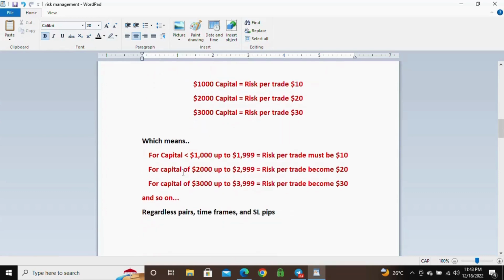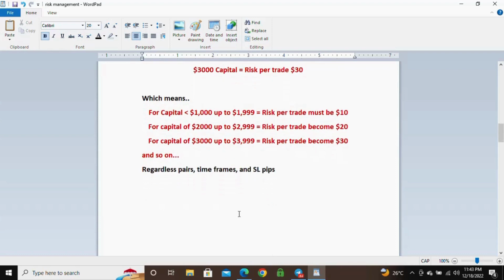So for capital that is less than 1,000 or up to like 1,099, you'll be risking $10. And for capital of 2,000 up to 2,999, you'll be risking $20, and so on, regardless of the pair, the stop loss, and the time frames.